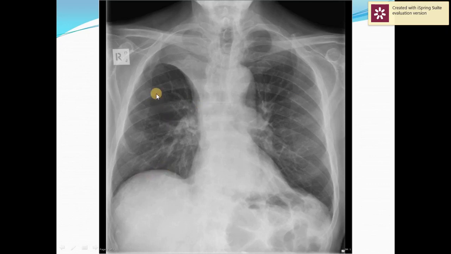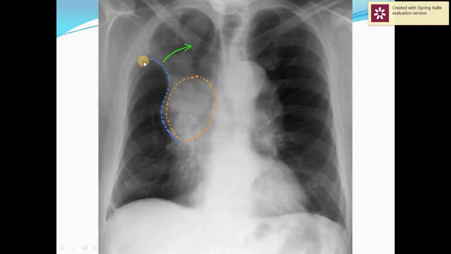Pulling of the diaphragm, and this is the inverted S-shaped sign in a patient with right hilar mass causing obstruction of the right upper lobe bronchus, where this is the transverse fissure pulled up, causing inverted S-shaped sign.